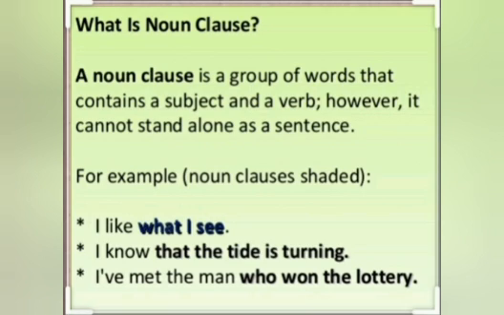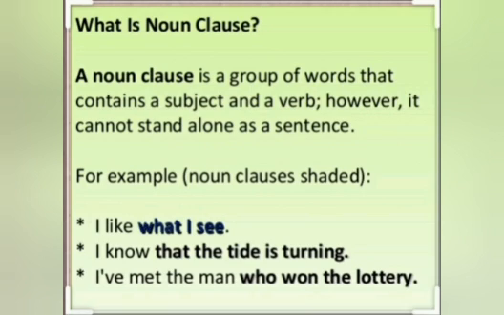In that sense, they are known as dependent clauses. Why? Because they cannot express a complete thought. They are used together with an independent clause so as to complete the meaning, so as to complete the thought.